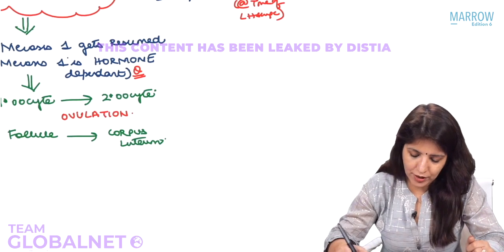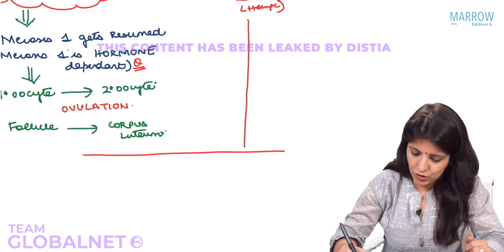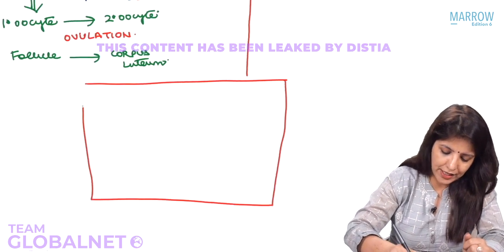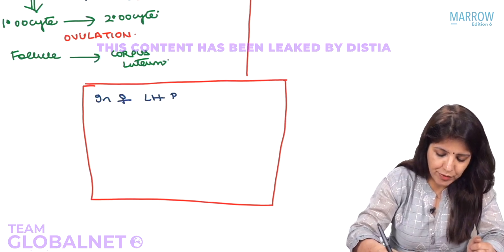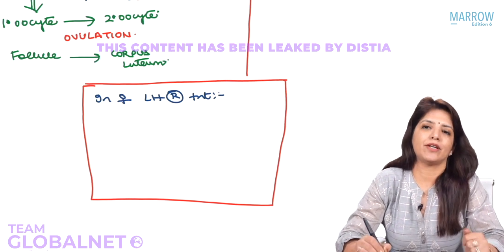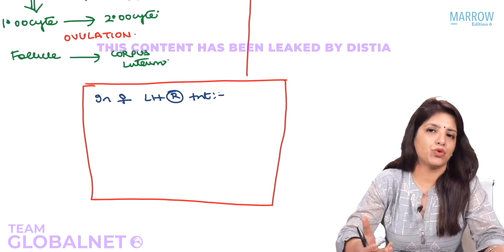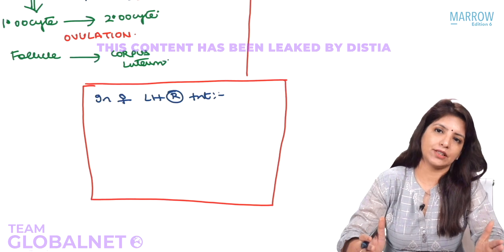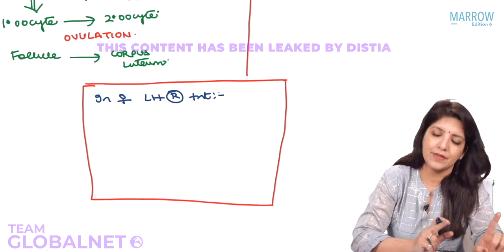Now, a few important concepts which you will have to remember. If I ask you that in females, LH receptors are present on, you will say that LH receptors are present on theca cells, because on theca cells LH acts and produces androgens, and LH receptors are also present on granulosa cells, whereas FSH receptors are present only on granulosa cells, right?